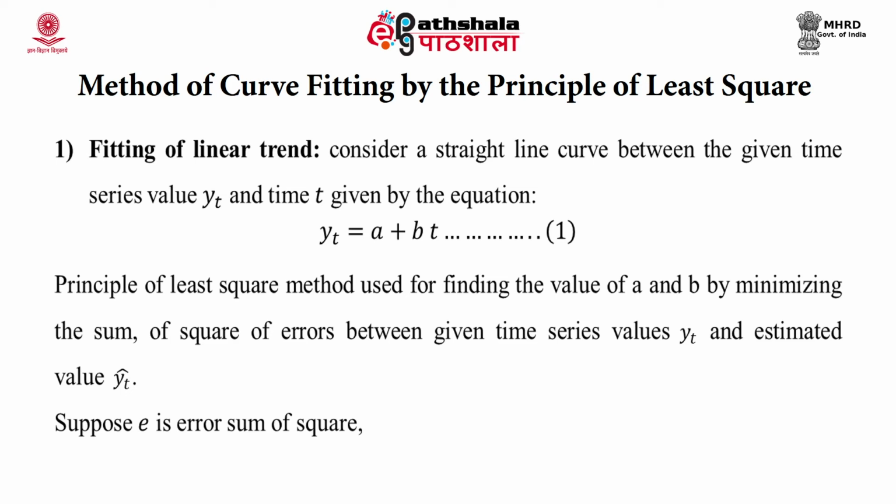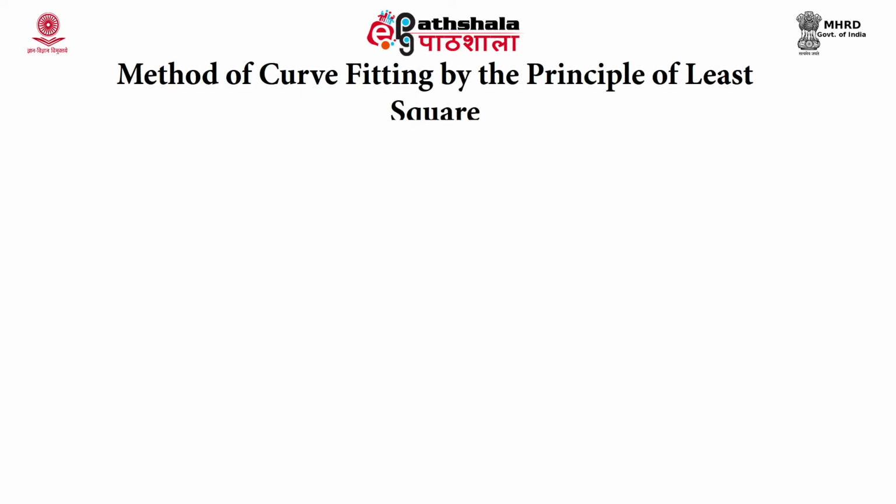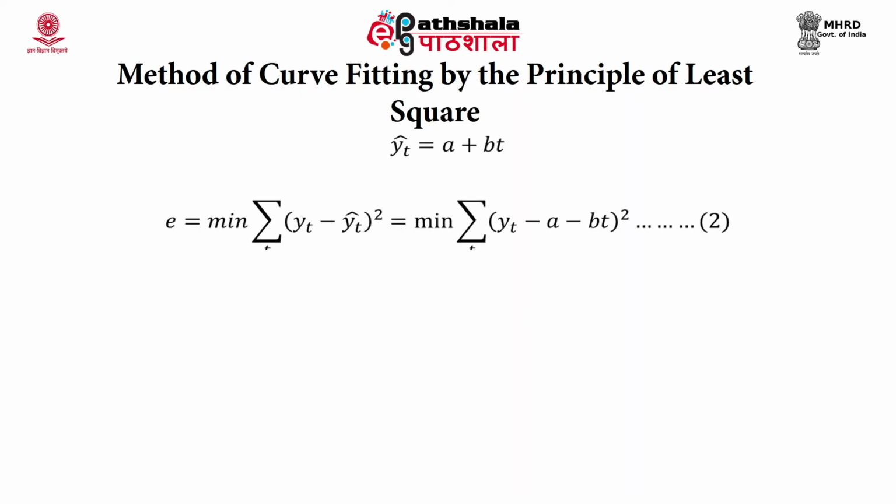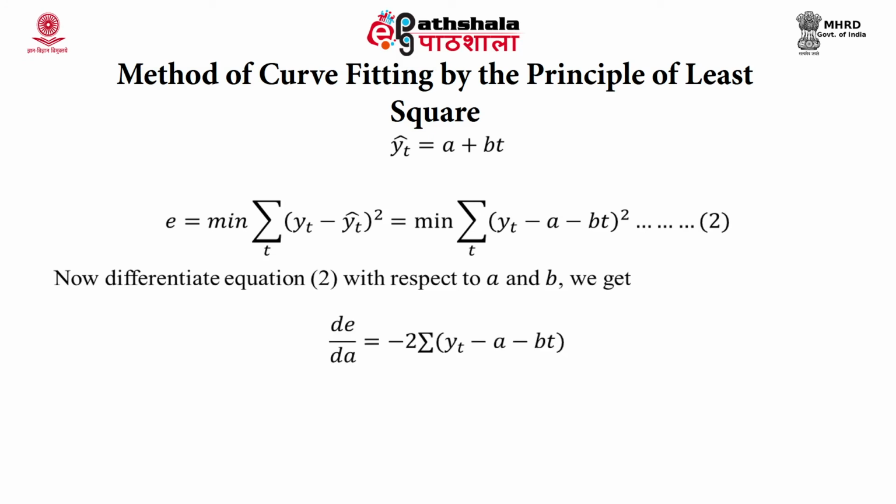Suppose E denotes the sum of square of error and yt hat represents the estimated value of the study variable. So, E should be the minimum of the sum of yt minus yt hat, that is, the minimum of the sum of yt minus a minus bt, whole square. Now, take the partial derivative with respect to a and b for finding the normal equations to get the values of a and b.